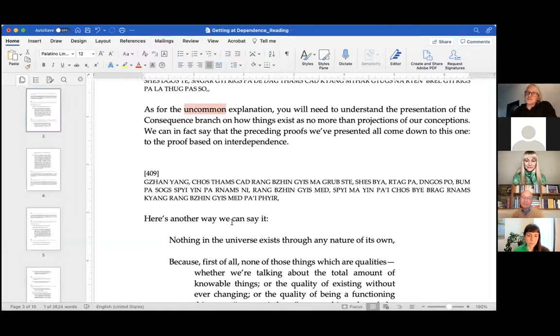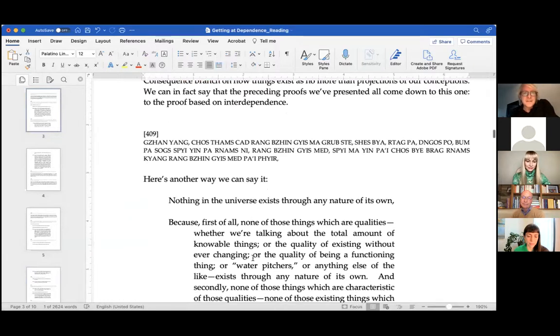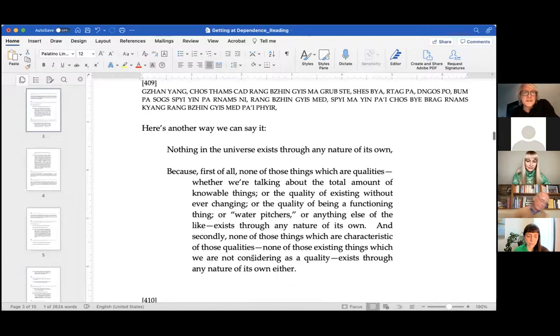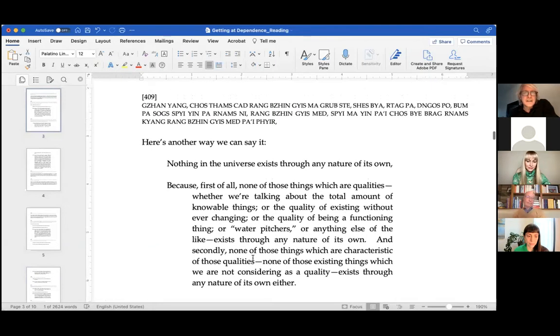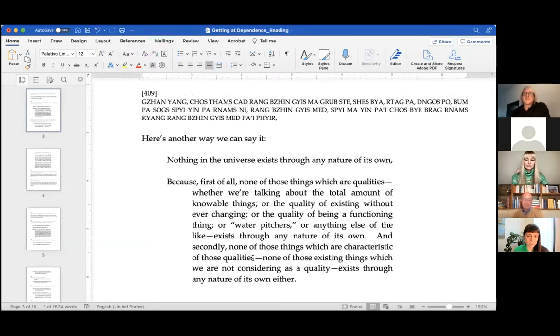It struck me as very interesting. It was just like, wow, what's uncommon about this? So anyhow, Rachel, here in verse 409, if you could read the English, and the translators have it, but translators, give us a little bit of time. If you can read this proof, and then we'll talk about this paragraph.